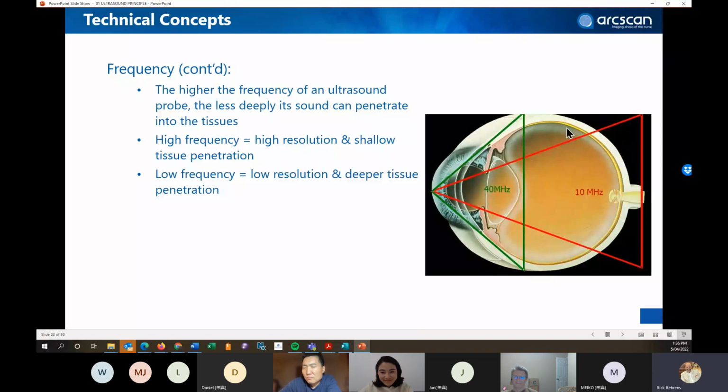So when you have 40 megahertz, when this number is high, the penetration is short and the resolution is beautiful. When you have a low frequency, you have a long penetration with a smaller resolution. Think in megapixels: bigger number, more megapixels; small number, fewer megapixels. That's a way to relate to it.